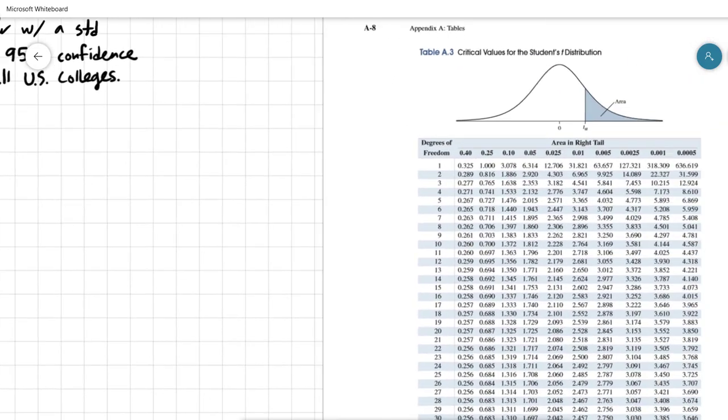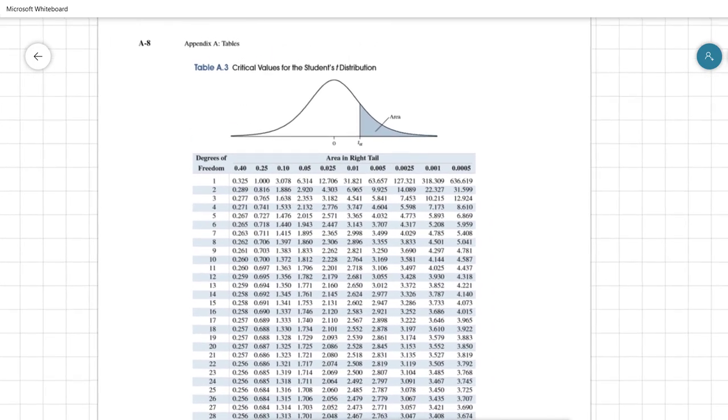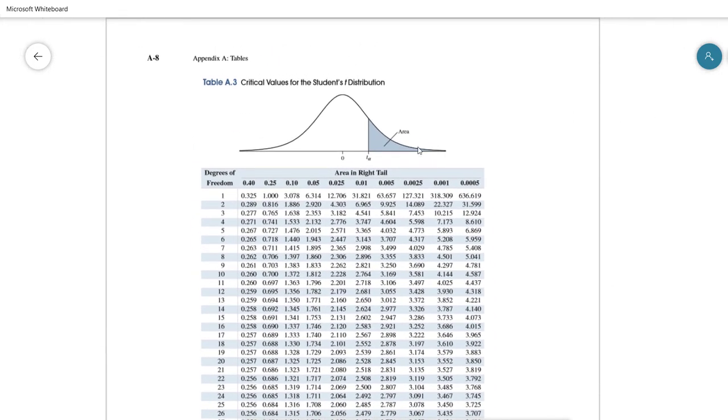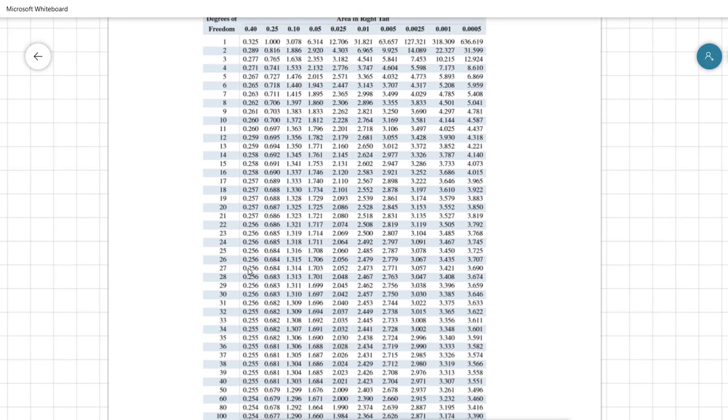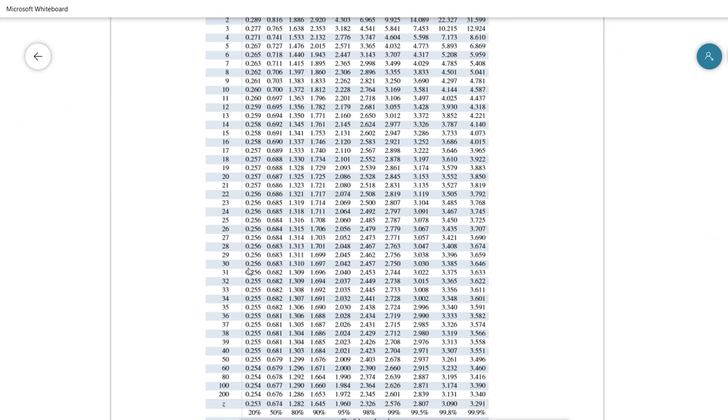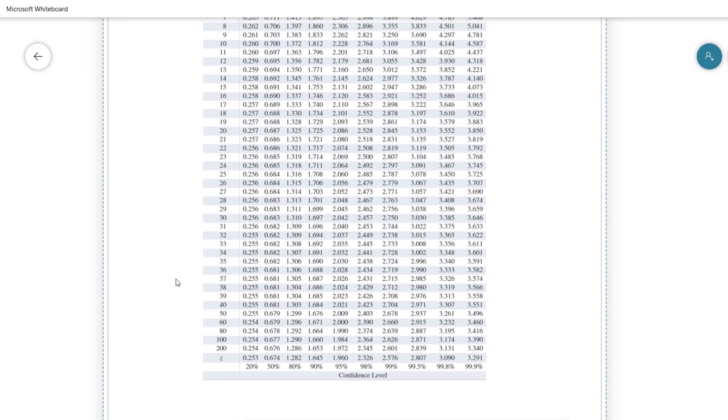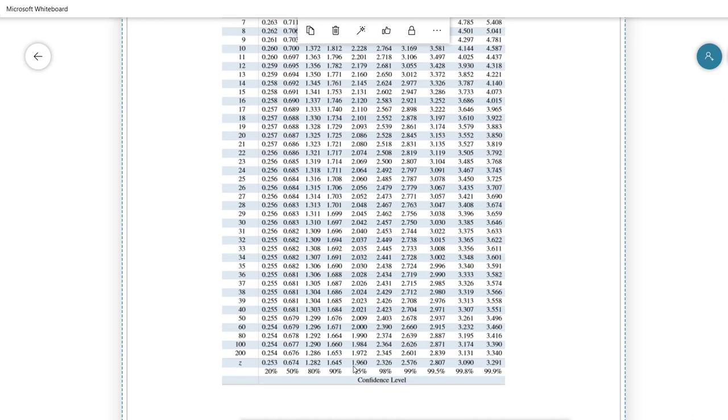So let's scroll over to that. Here again is table A3. We are looking at the degrees of freedom right here, and here is the row that we need to use, 36. That was our degrees of freedom. And the confidence level, likewise, was 95%.